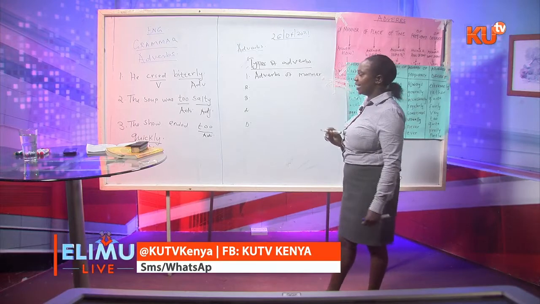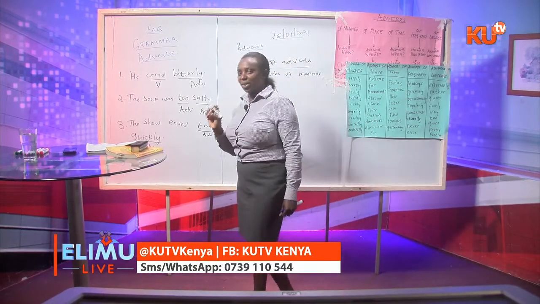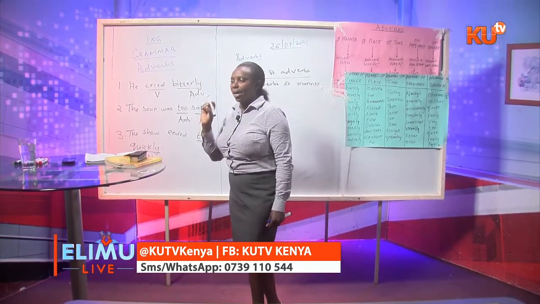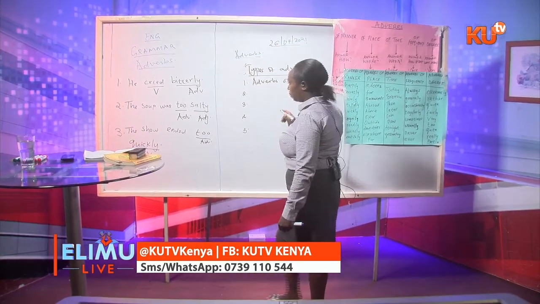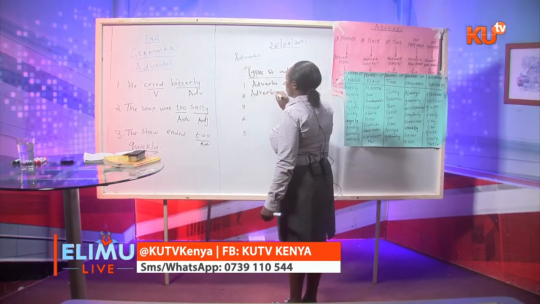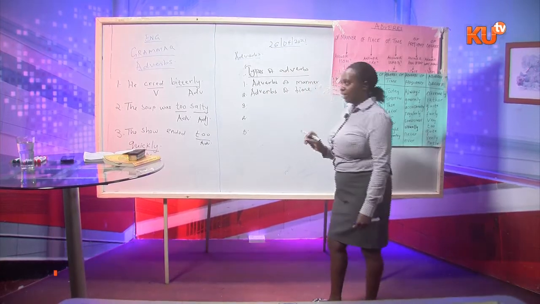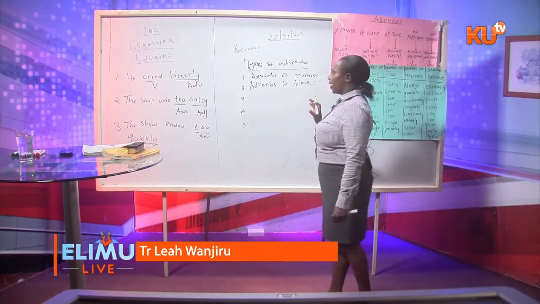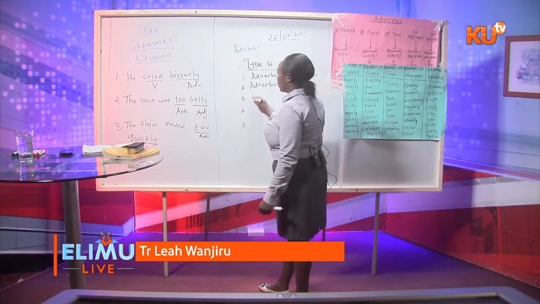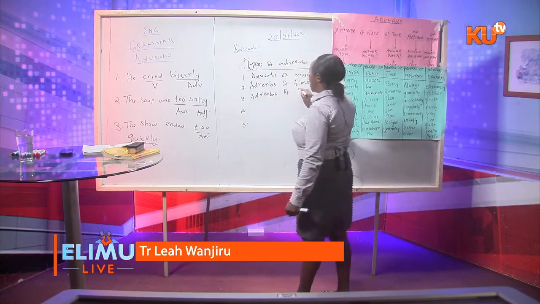Since adverbs also tell us when the action took place, we come up with the adverbs of time. They also tell us where an action took place, therefore we come up with the adverbs of place.